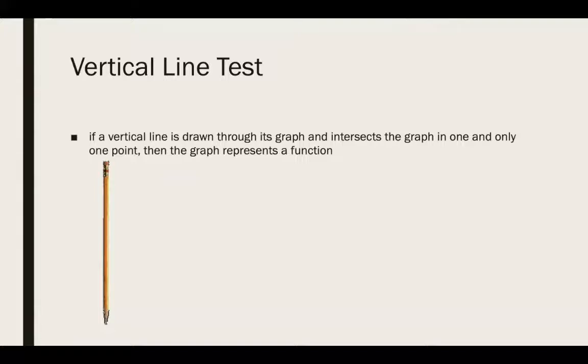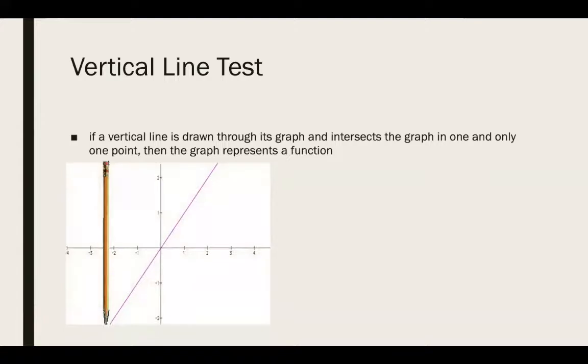The vertical line test is known by some as the pencil test, meaning you let your pencil move, and if there are no two points that would intersect your pencil, that means that graph is a function.